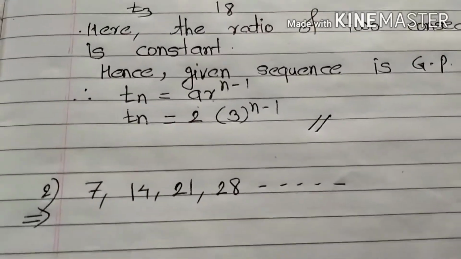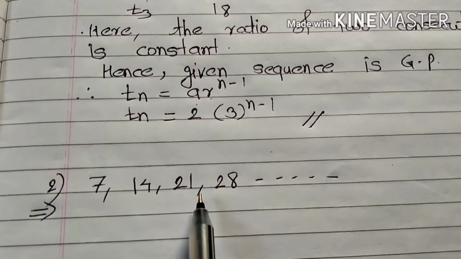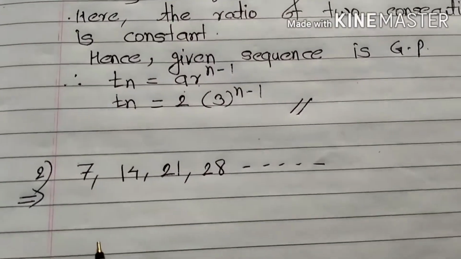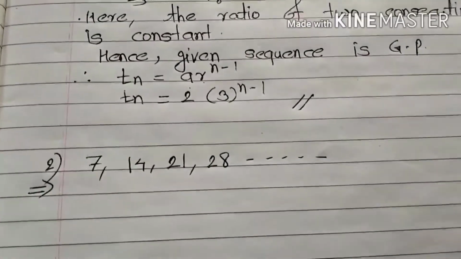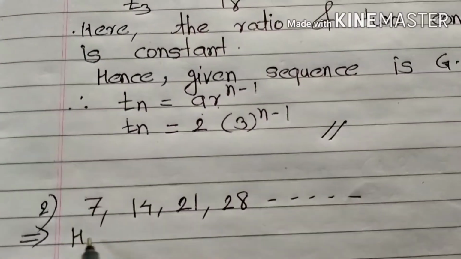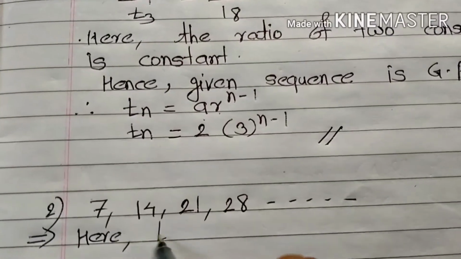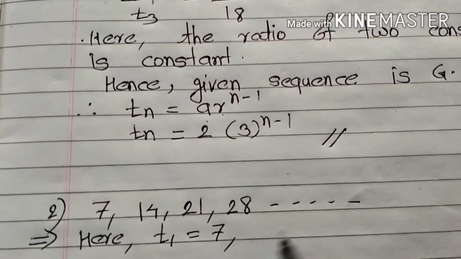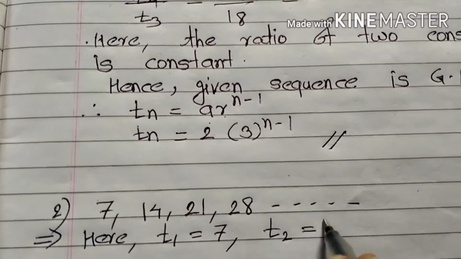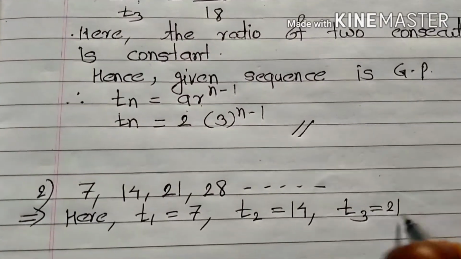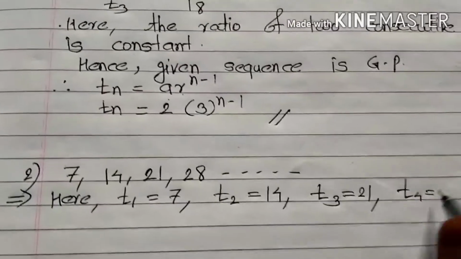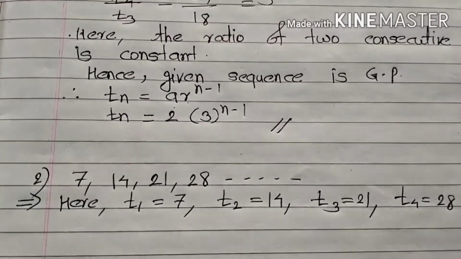Now next example, 7, 14, 21, 28. Here also we have to check whether the given sequence is GP or not. So first, T1 is equal to 7, T2 is equal to 14, T3 is equal to 21, T4 is equal to 28 and so on.